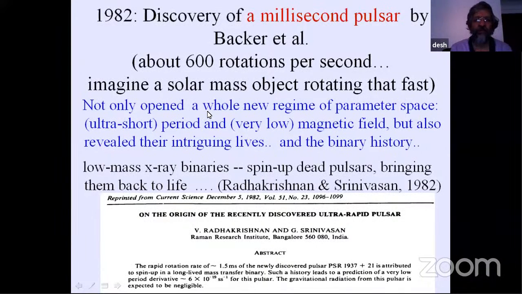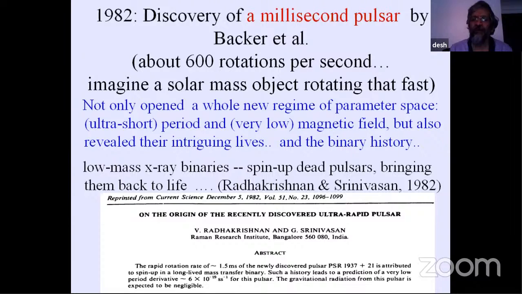Right. So there could be individual objects, and we can look at what kind of situation in the past would have led to them being the way they are now. Pretty much analogous to the arguments put forward by Radhakrishnan and Srinivasan when the first millisecond pulsar was seen and it was isolated.